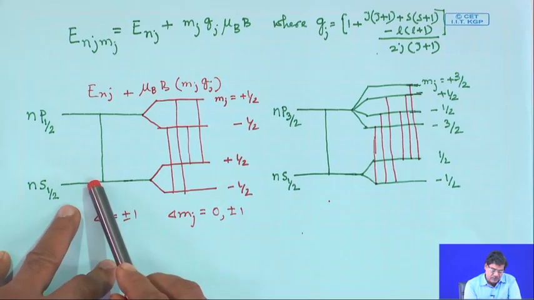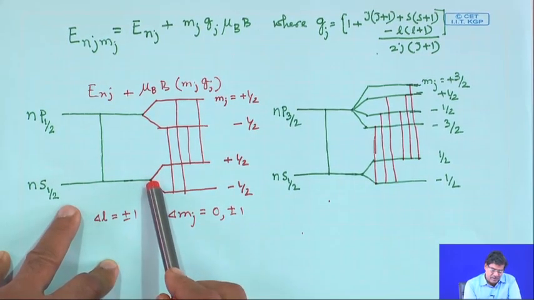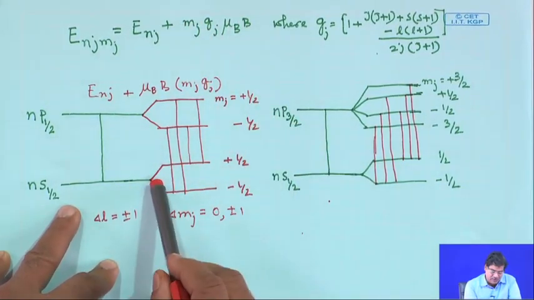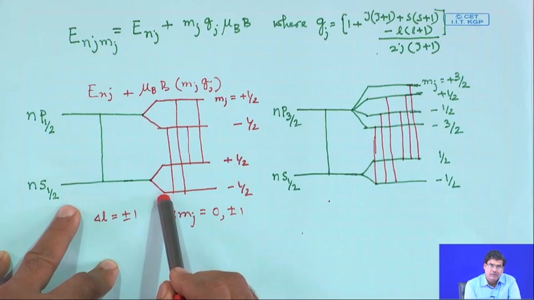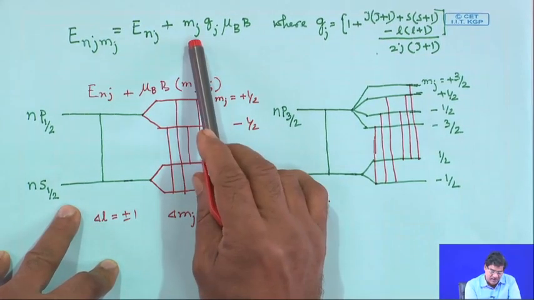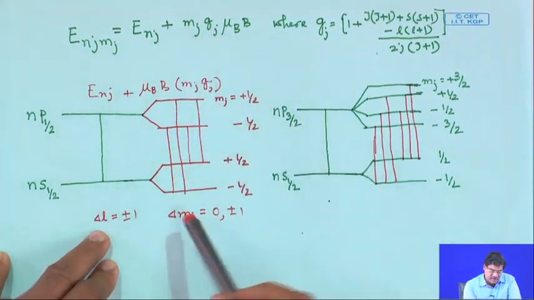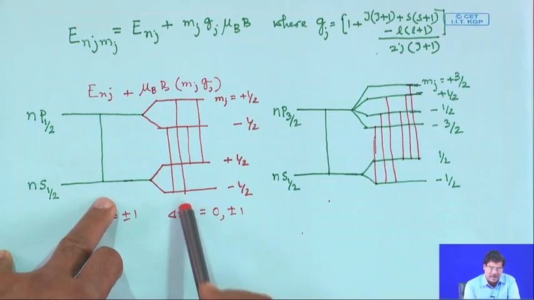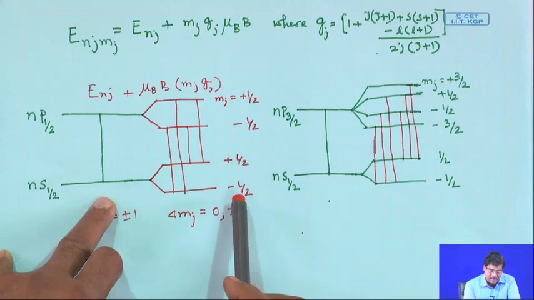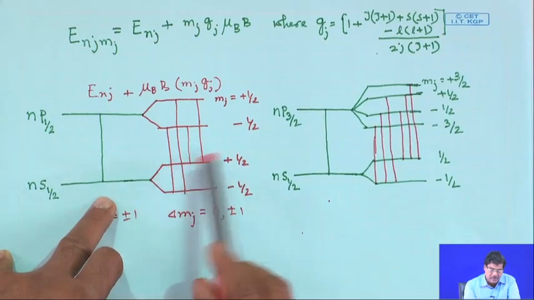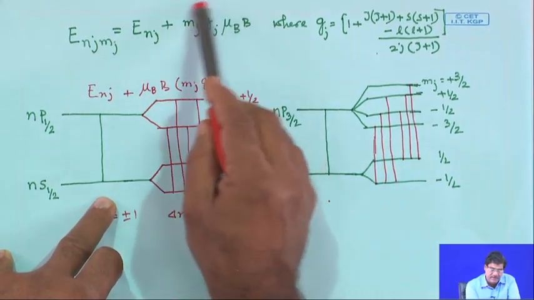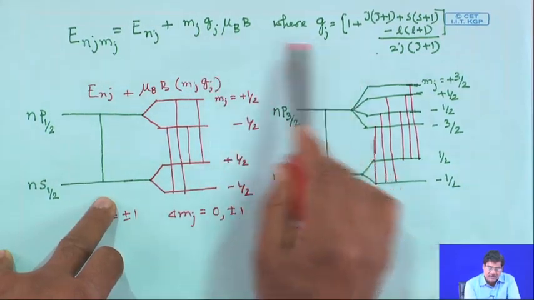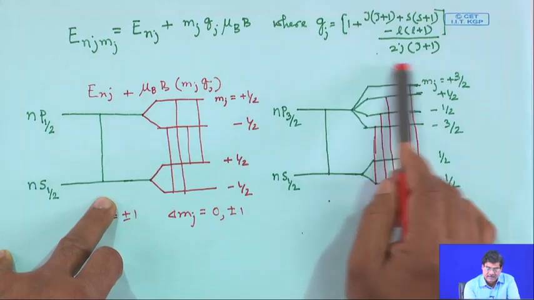Now, for the additional term, it will be split into 2, because if the J value is half, the M_J value will be plus half and minus half. So you get plus half and minus half energies, and here you have to see the g_J term is there.